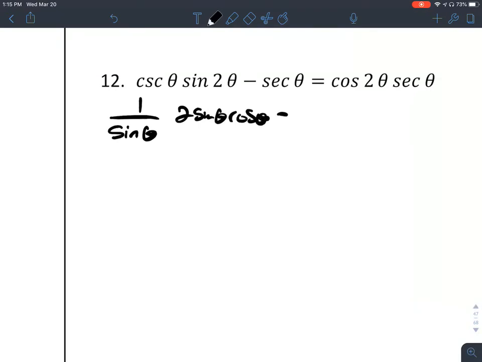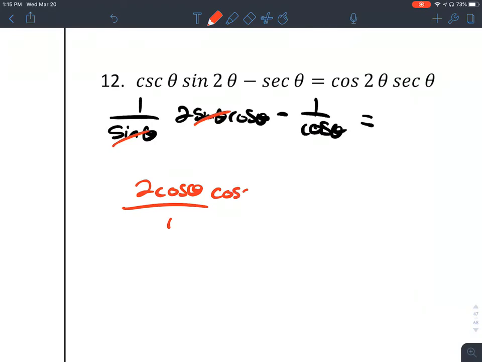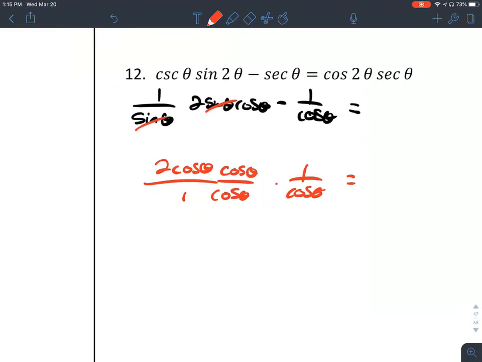And secant of theta is the same as 1 over cosine of theta. Those cancel, and that gives me 2 cosine of theta. If I want common denominators, which I do, I'm going to multiply this by cosine of theta on the top and the bottom, so I can add these fractions.